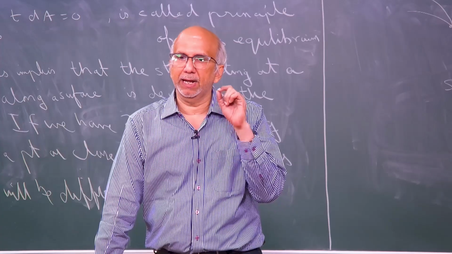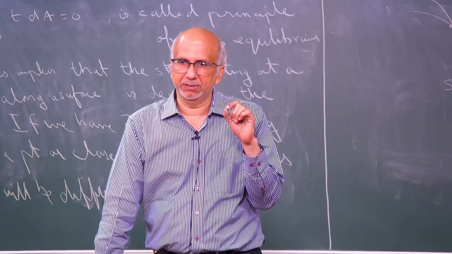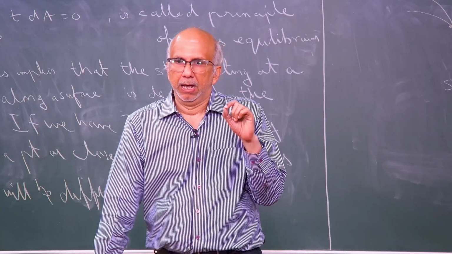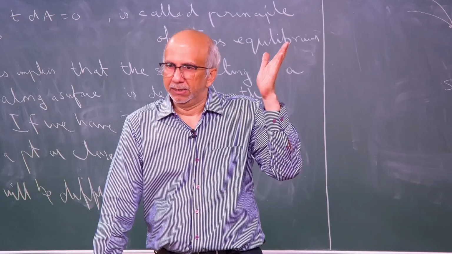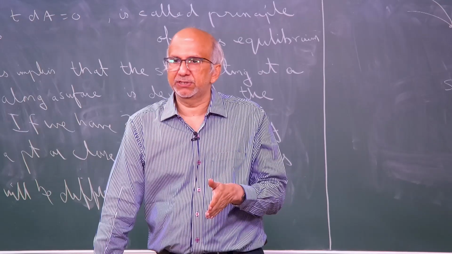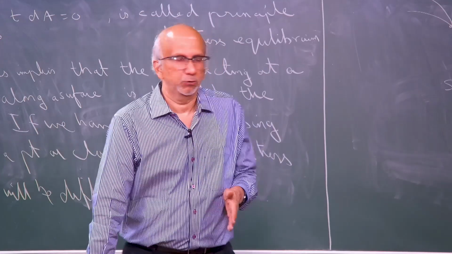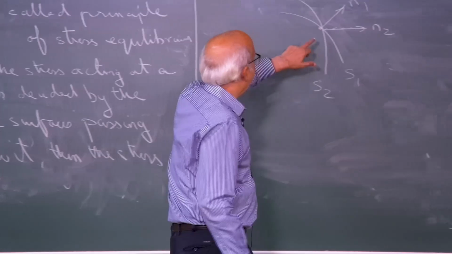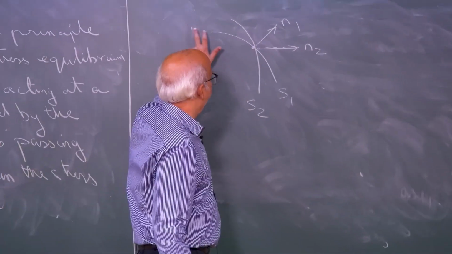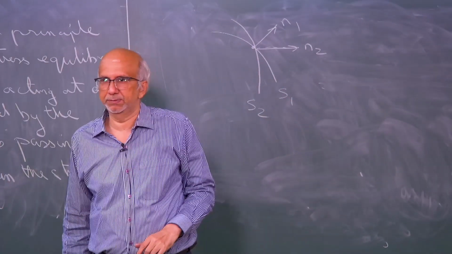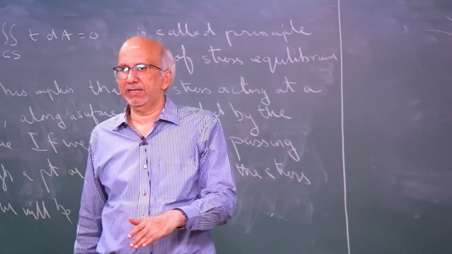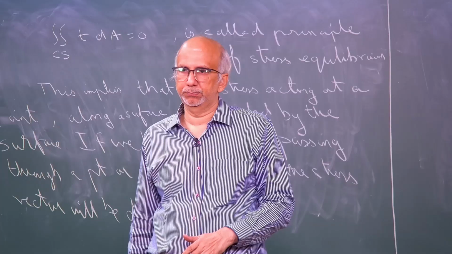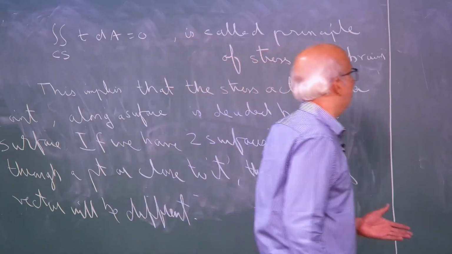If you talk about the stress there, it is not unique, it is determined by the surface on which it is acting. So the stress acting on this surface is going to be different from the stress acting on that surface. Stress acting on S1 is different from the stress acting on S2. That's the point I am trying to make.